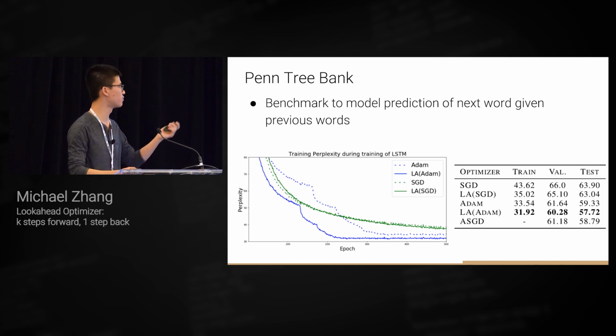So the higher the number you see there, which is the perplexity, the more uncertain we are. We want a lower number, which means our language model is performing better. And we can see that both Lookahead wrapped around Adam and Lookahead wrapped around SGD do better than their vanilla counterparts. And we also achieve a better final validation and test accuracy as well.